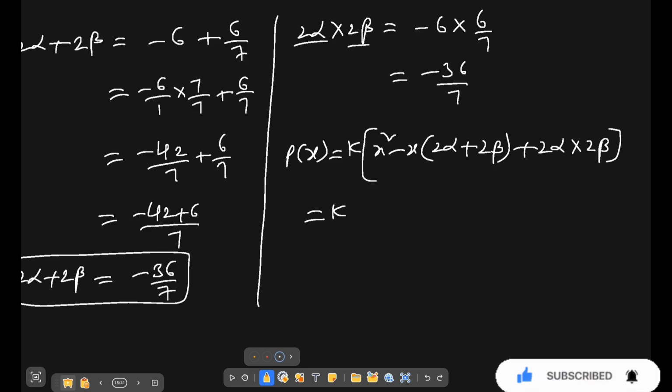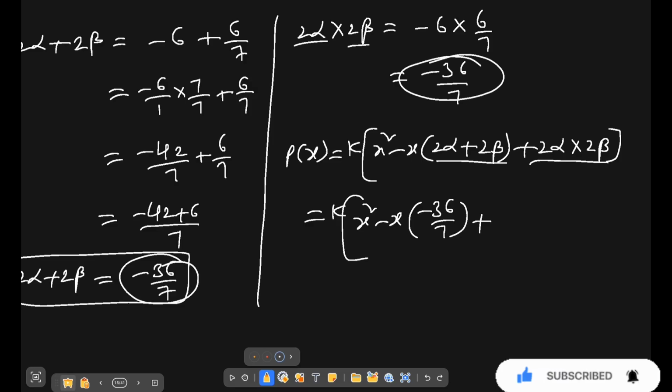So k of x square minus x of, what is 2 alpha plus 2 beta? It is minus 36 by 7, plus, what is 2 alpha into 2 beta? It is minus 36 by 7.